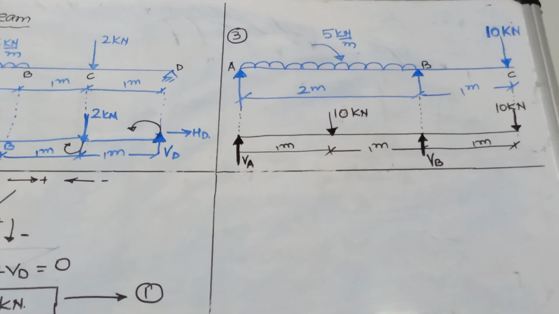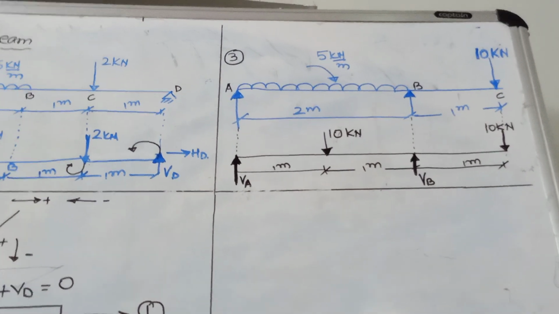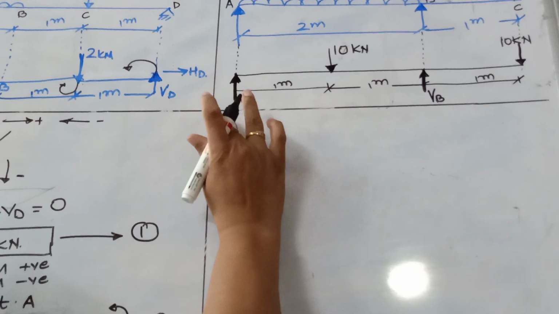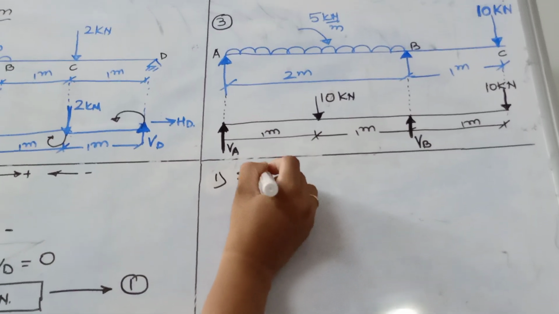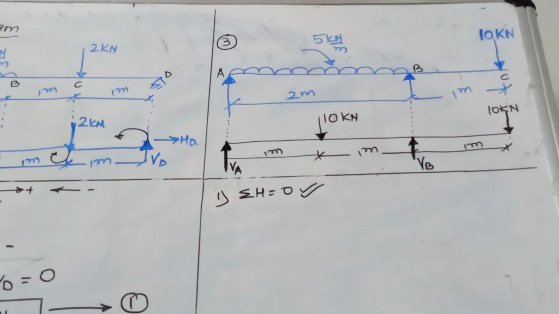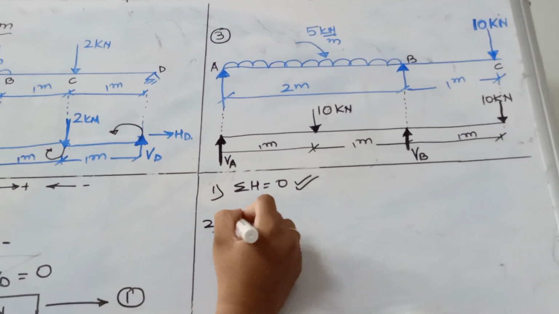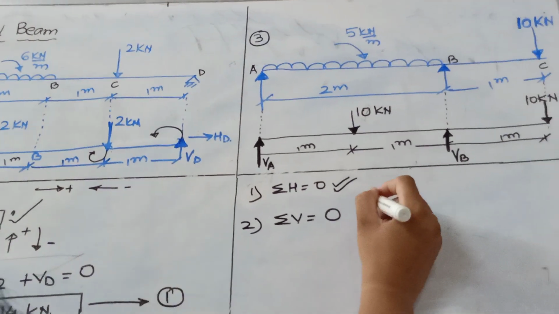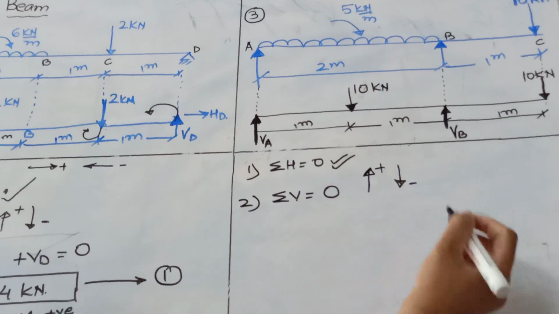Now we can apply our conditions of equilibrium. The first condition, sigma H equal to 0, is already satisfied as there is no horizontal force acting on the system. Second is sigma V equal to 0. What is our sign convention? Upward positive, downward negative.